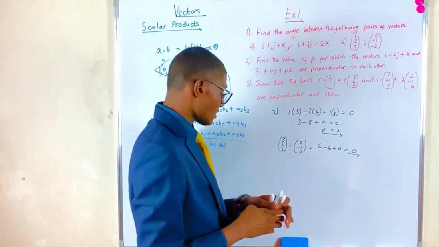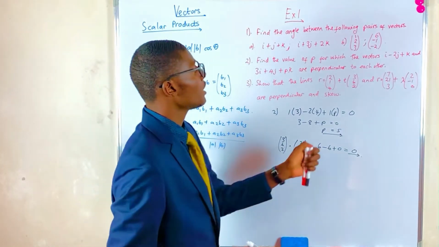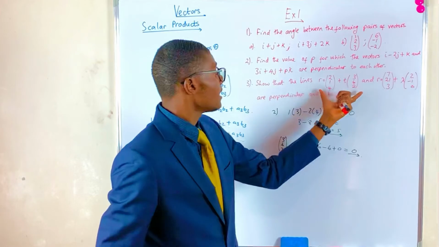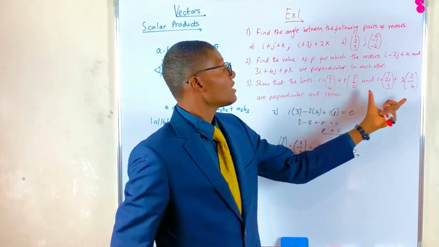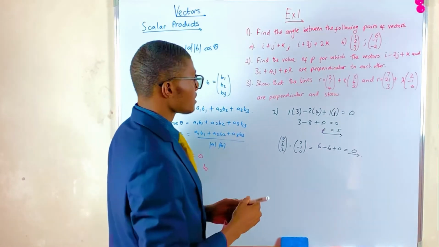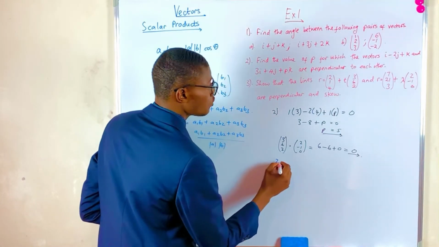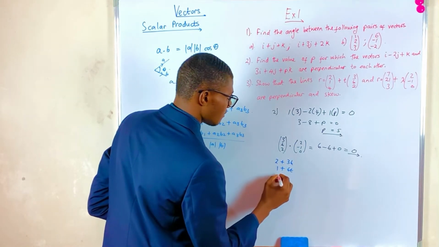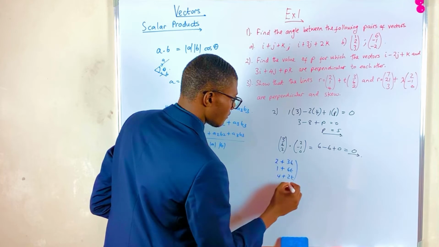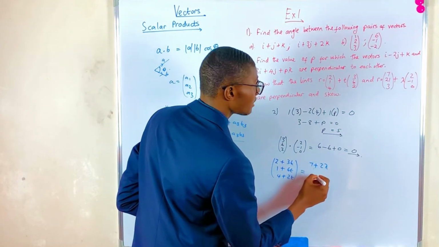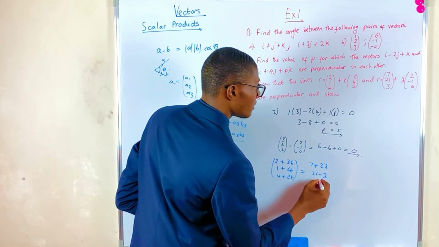And now to prove that these two lines are skew, we shall have to calculate values for t and lambda, such that the position vector that we get here is different from the position vector that we get there. So we're saying 2 plus 3t, 1 plus 6t, 4 plus 2t is equal to 7 plus 2 lambda, and then 21 minus lambda, and 3.